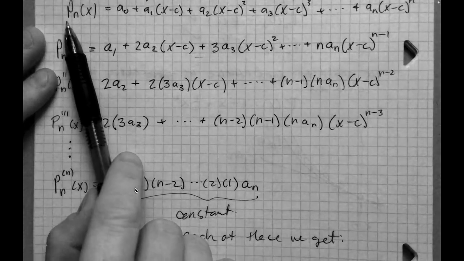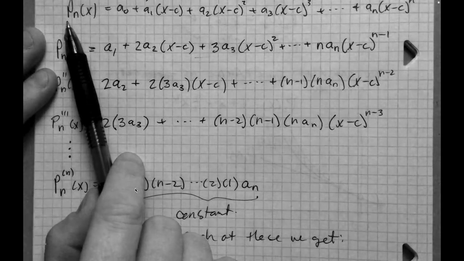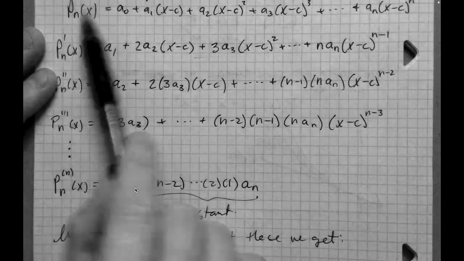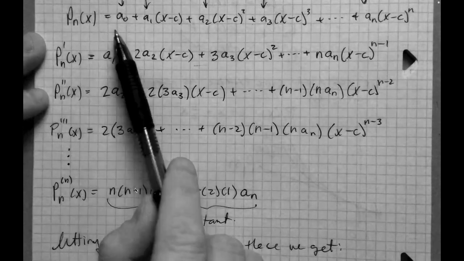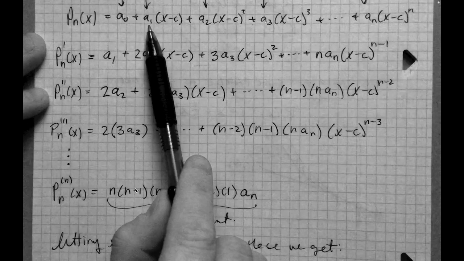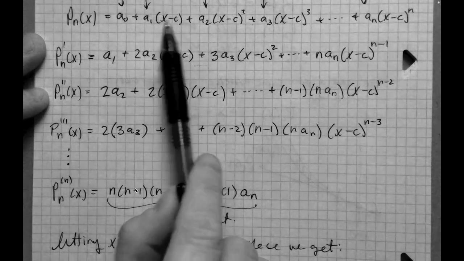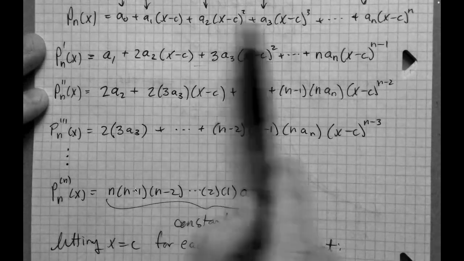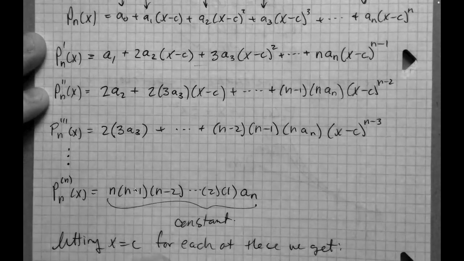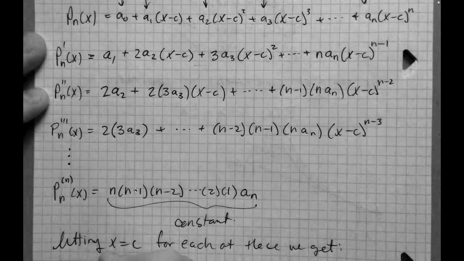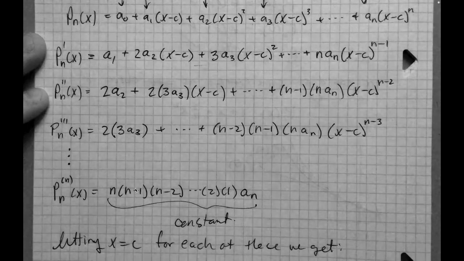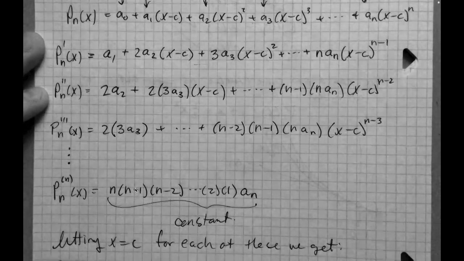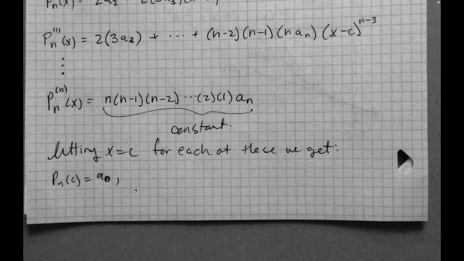If we plug in x equals c for the polynomial itself, you get a0 plus a1 times c minus c, so this is 0. This is also going to be 0. This is also going to be 0. So Pn of c is just a of 0.